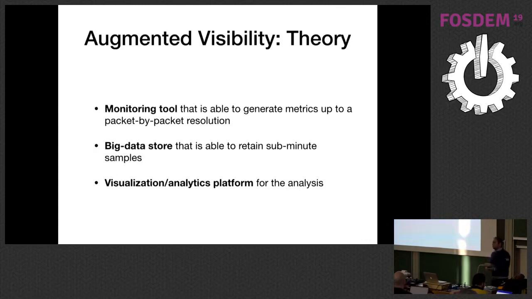So we need a really good data store that can, on the one hand, store the metrics, and on the other hand, provide responses to your queries in a timely way. And last but not least, we need a visualization tool that can show us the relevant behavior, that can allow us to do the drill down and to analyze and alert on our traffic.